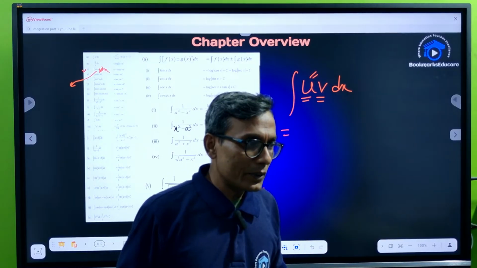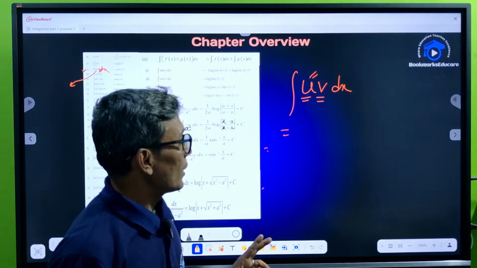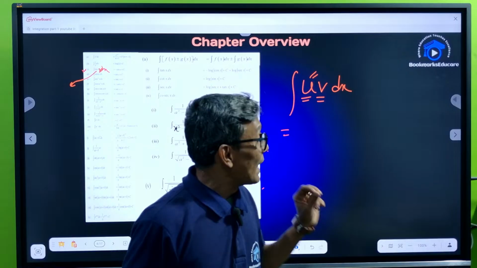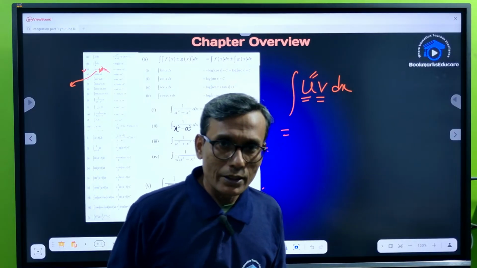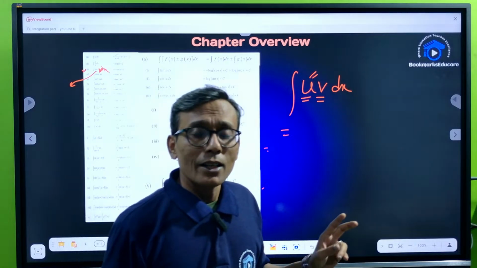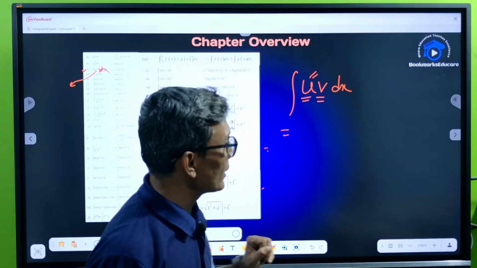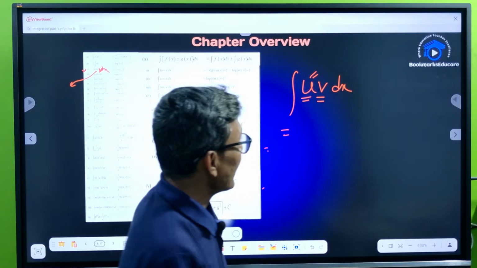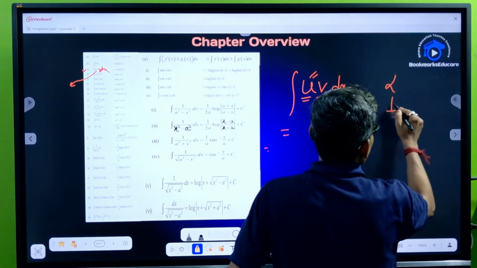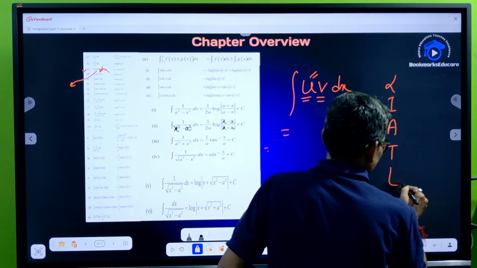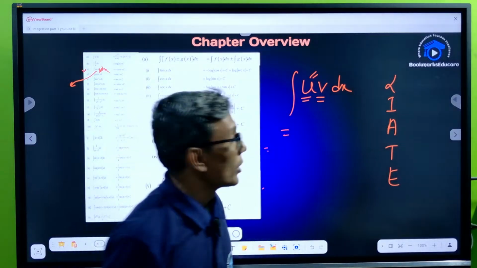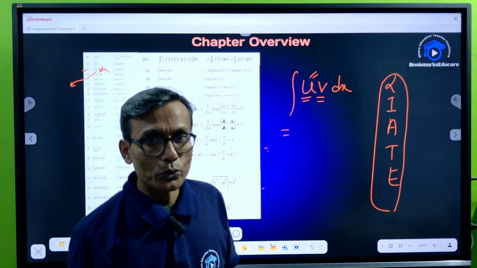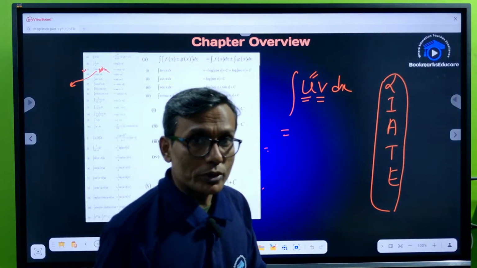Or another type is, if the integration of both functions can be found individually, meaning both have integration formulas, in that case we have to apply the LIATE rule. This rule is specially used to choose the first function.